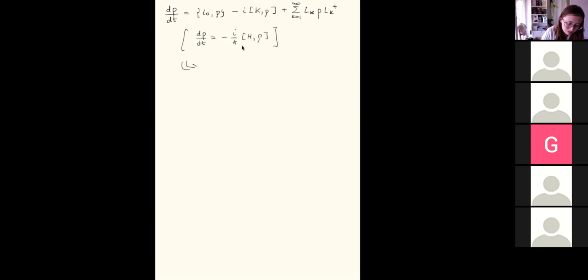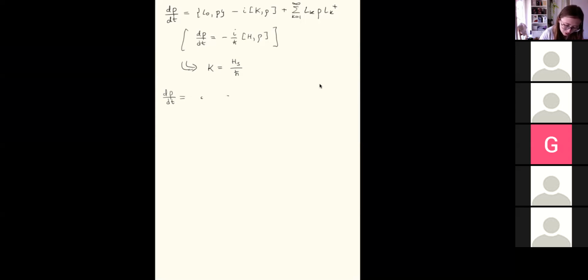So from this, it follows that we should choose K as Hs over h bar. In the case when all Lindbladian operators L0 to LK are zeros, we just come back to our usual Schrödinger equation for the mixed states.